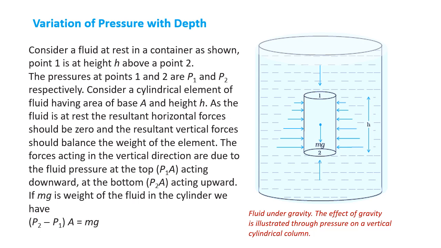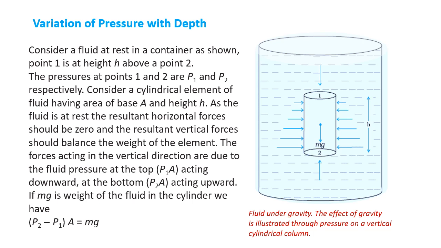Consider a cylindrical element of fluid having base area A and height h. Because the fluid is at rest, the resultant horizontal forces should be zero and the resultant vertical forces should balance the weight of the element.